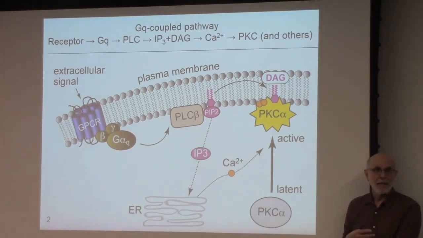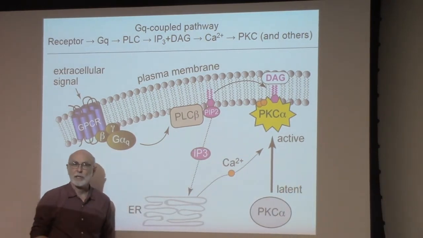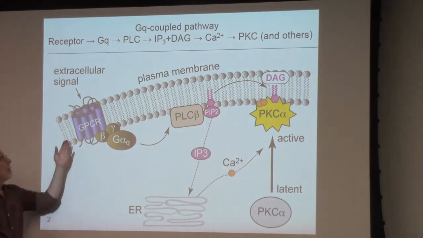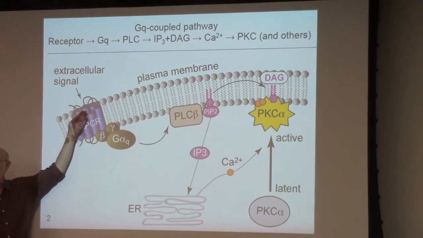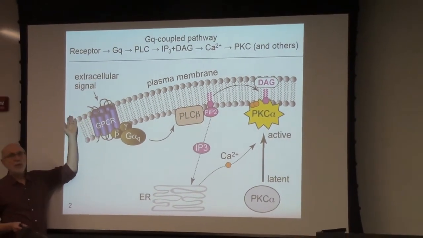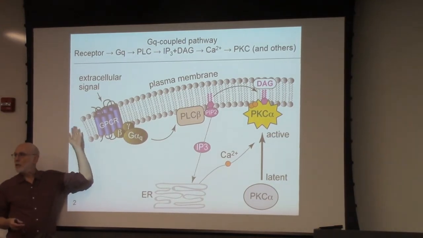It's not the same as cyclic AMP. Let's think about the ways that this could be turned off. What could happen here? The ligand could dissociate from the receptor and undo the conformational change.